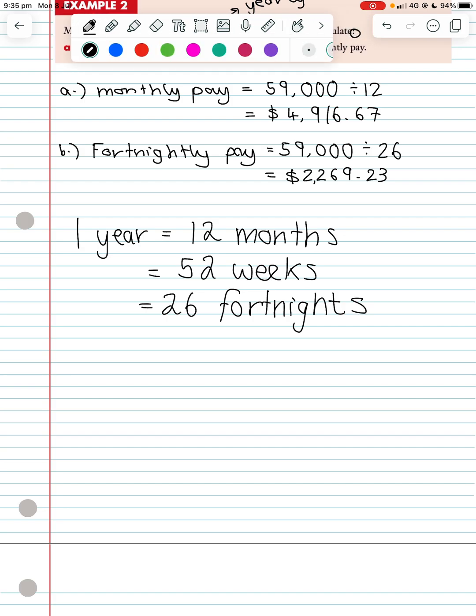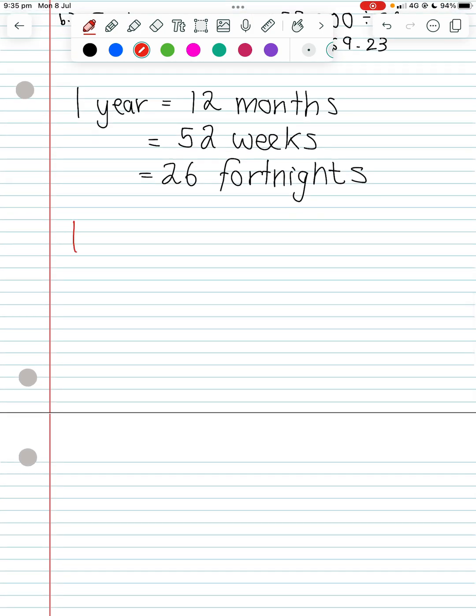A big misconception that happens is 1 month is not 4 weeks. So 1 month does not equal 4 weeks. So if we know that, for example, 1 week is 7 days, 7 times 4 equals 28. The only month that has 28 days is February. So we just need to be careful when doing this.